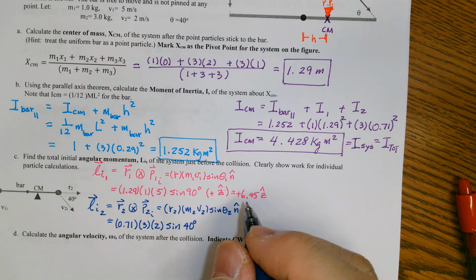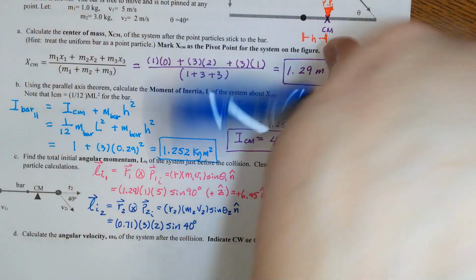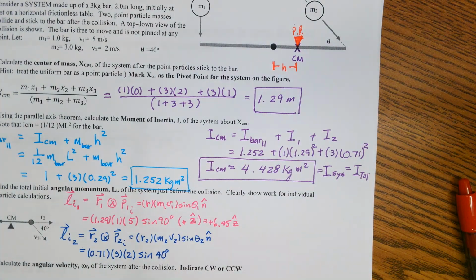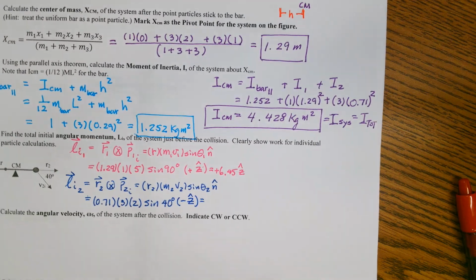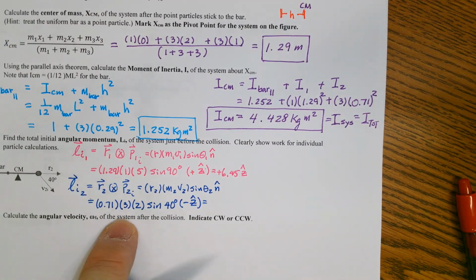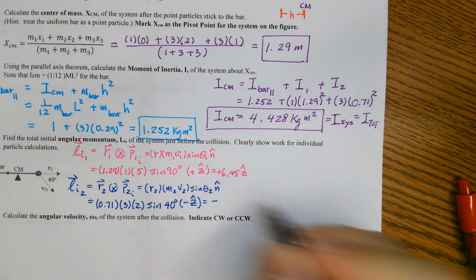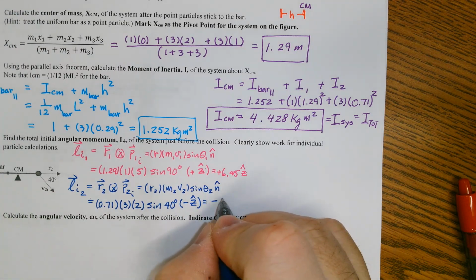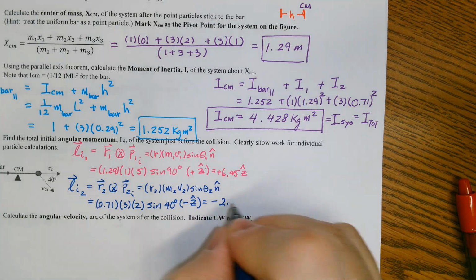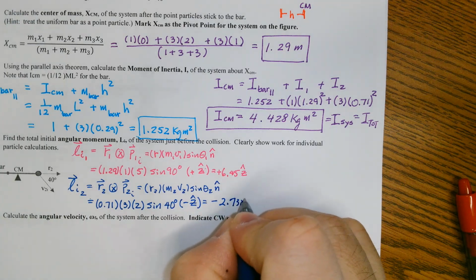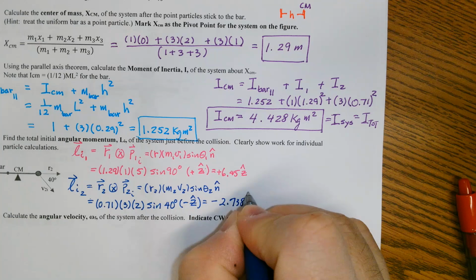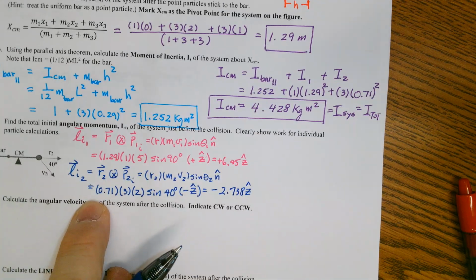And R cross P looks like it's going into the page, therefore it's negative Z hat. So if you work that out, you will get negative 2.738 Z hat as your angular momentum for the second mass.